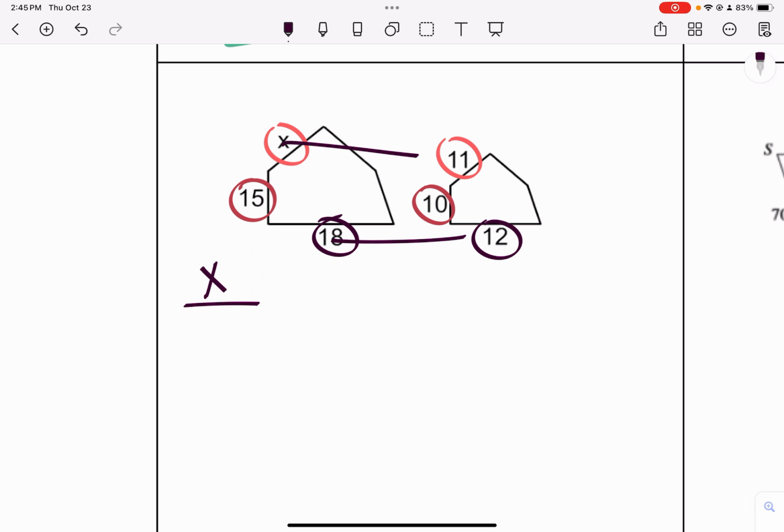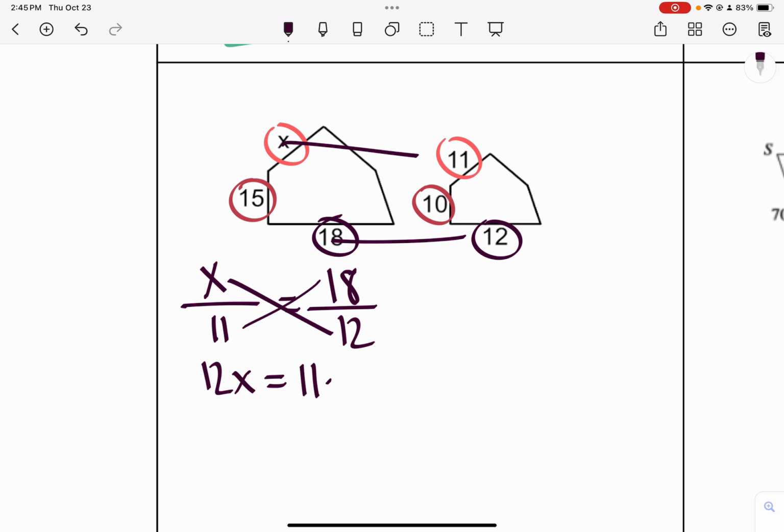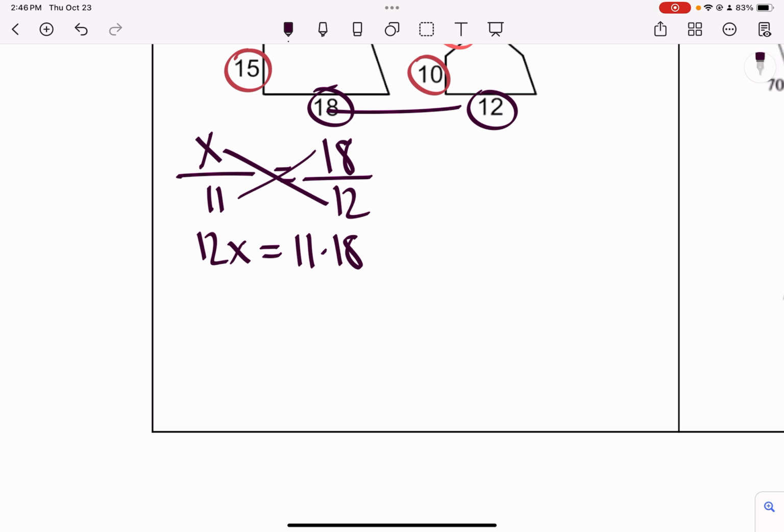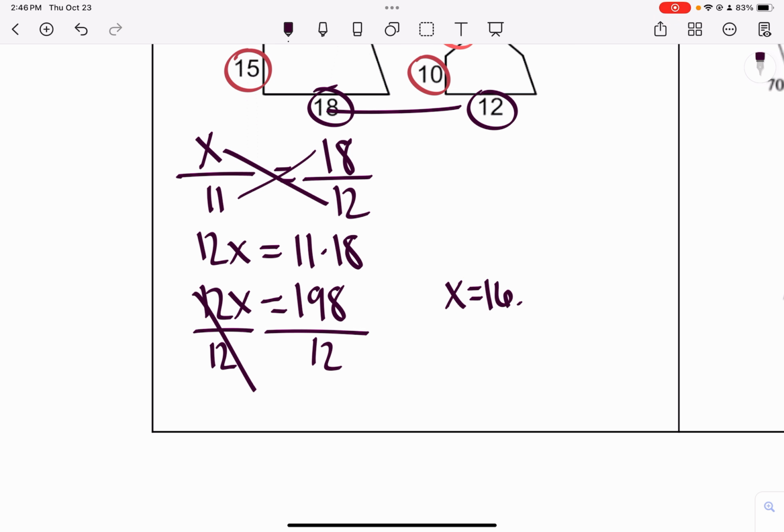So I could do x over 11 equals 18 over 12, and then I'm going to cross multiply. So 12x equals 11 times 18. So 11 times 18 is 198, and then I'm just going to divide both sides by 12. So divide that by 12, I get x is 16.5.